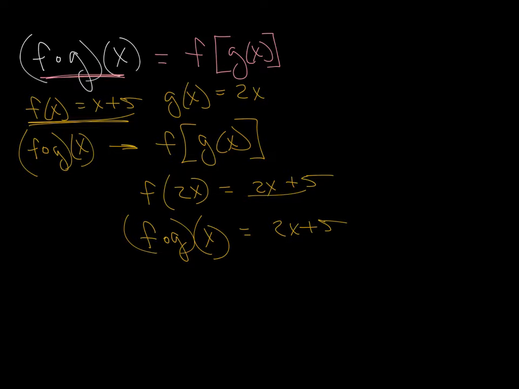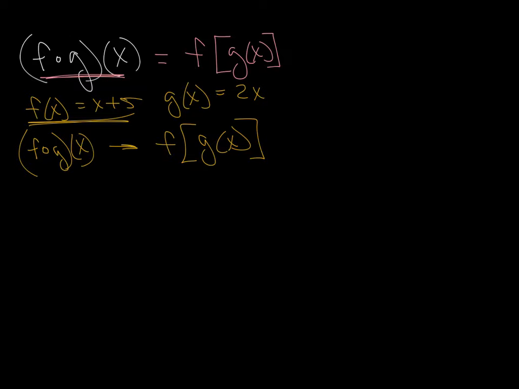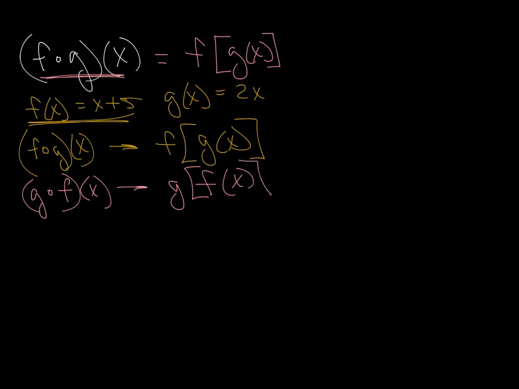Alright, notice on the next one they switch things around a little bit, and instead of f of g of x, they did g of f of x. So we do the f of x first. What is the f of x? It's x plus 5.